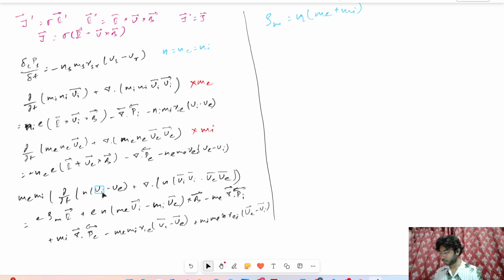So this is the density, which is the total density of the electrons and the ions. And Ne equals Ni equals N, which we already mentioned. And also, Mi nu IE is equal to Me nu EI, because the ions and the electrons are colliding. So whatever force the ions are exerting on the electrons, the electrons are exerting on the ions, due to Newton's third law.